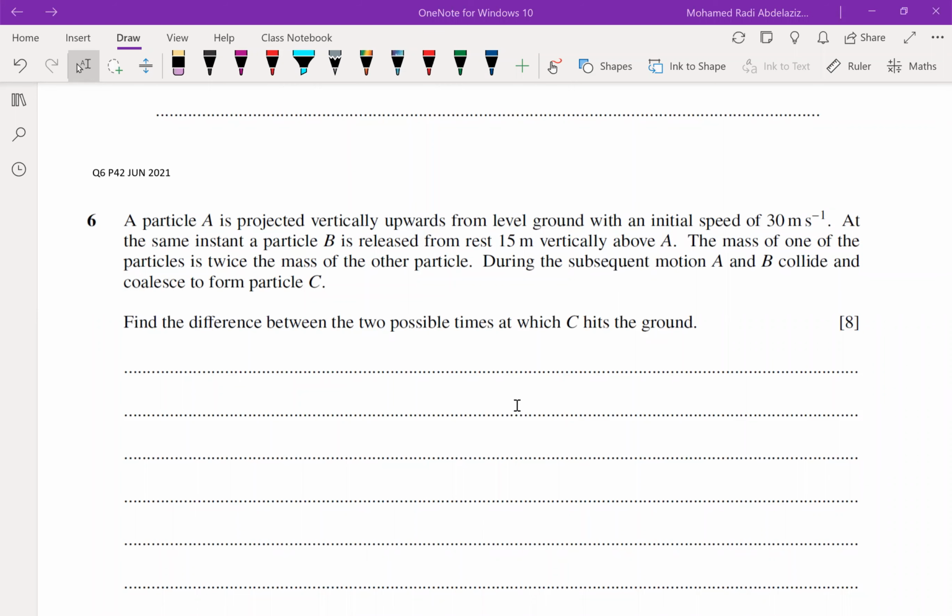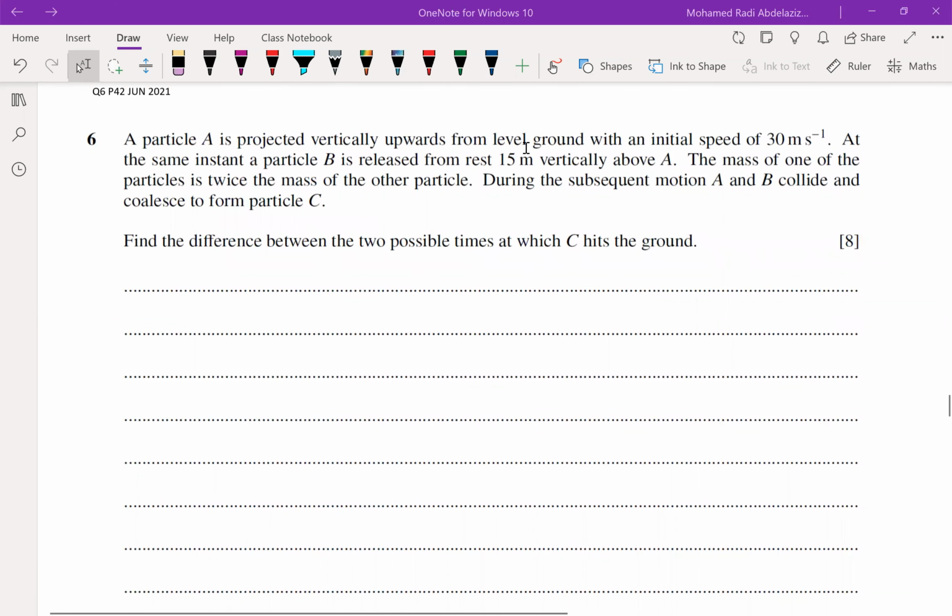Particle A is projected vertically up from the level ground with initial speed 30. A particle A with initial velocity 30.